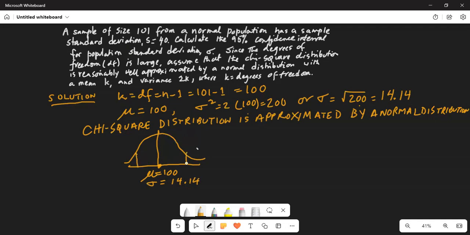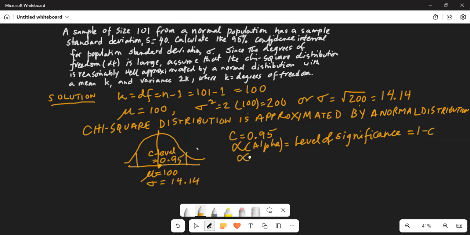Again, our confidence level is 0.95, which is the area in the center. This is your C level. So C is equal to 0.95. Alpha is the level of significance, the maximum probability of rejecting H0 when it is true, and is equal to 1 minus C. So alpha is 1 minus 0.95, which is 0.05. Why do we need that information?